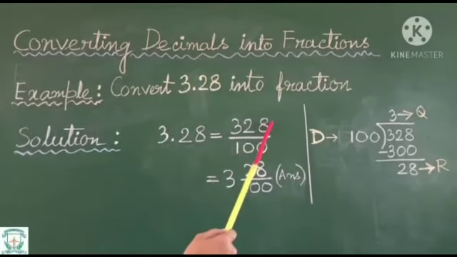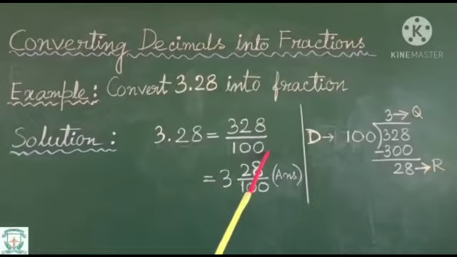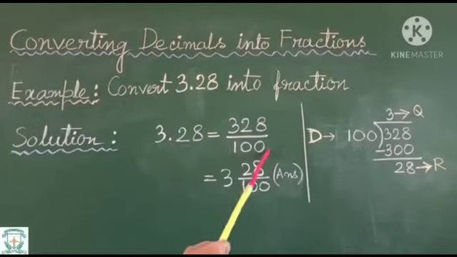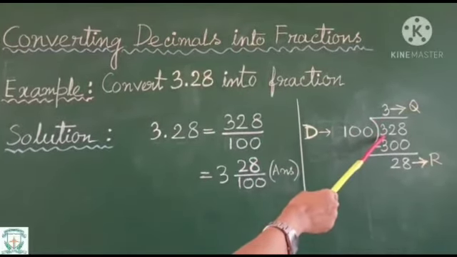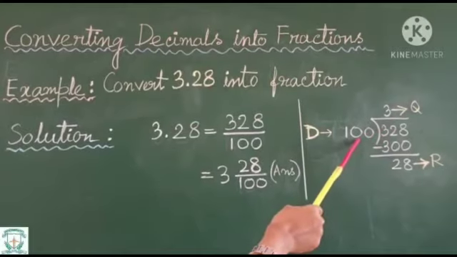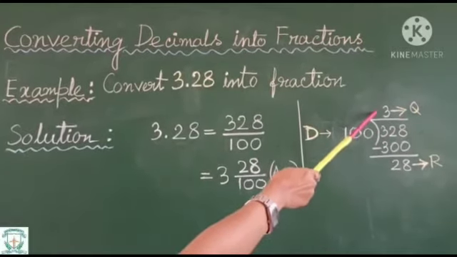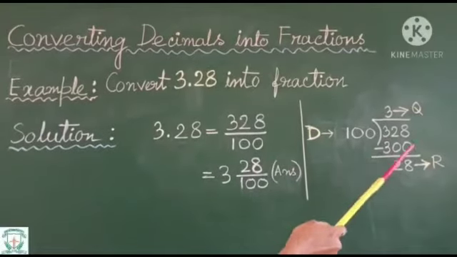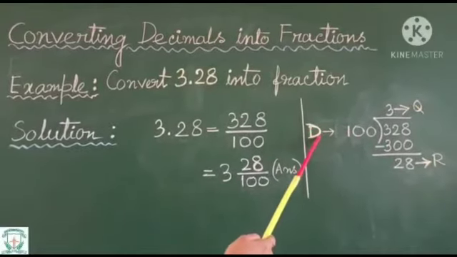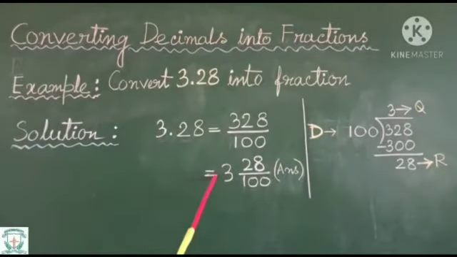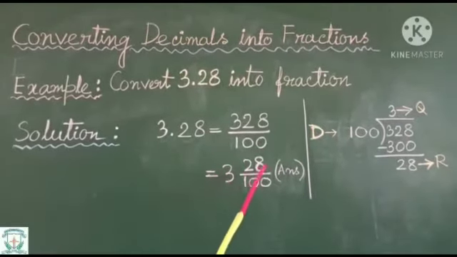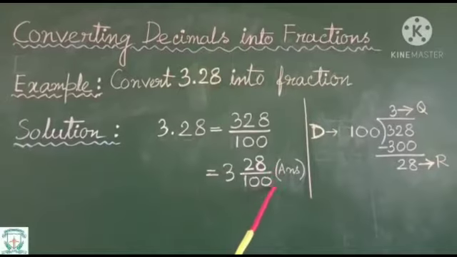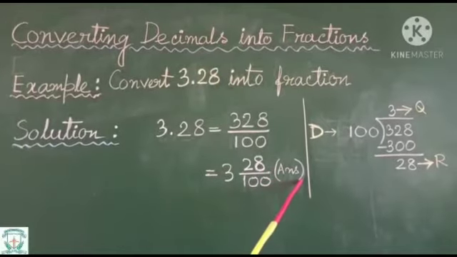To convert 328 by 100 into mixed fraction, divide 328 by 100. We get 3 as the quotient, 28 as the remainder, and 100 as the divisor. Therefore, 3.28 is equal to 3 and 28 by 100, which is the required answer.